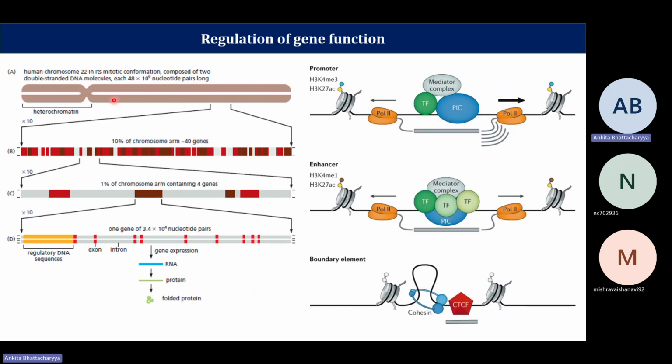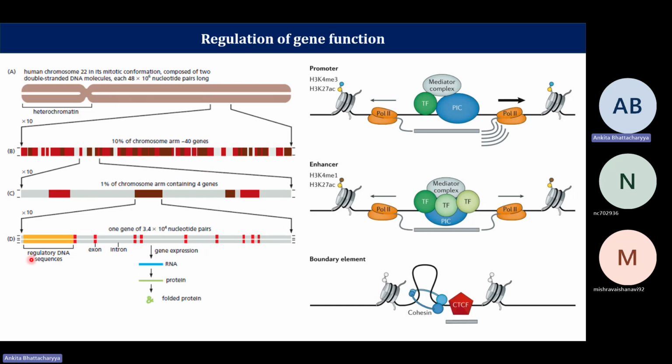And here you can see human chromosome 22 in its mitotic conformation, having two long double-stranded DNA molecules around 48 into 10 to the power 6 nucleotide base pairs long. Within this teeny tiny region, approximately 10% of the arm has around 40 genes. And within those, 1% of the arm has 4 genes.